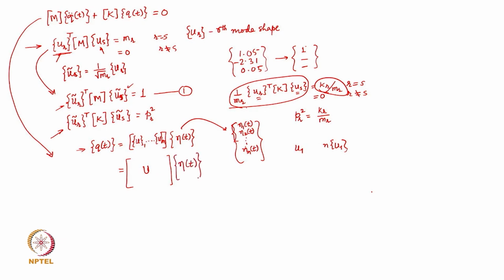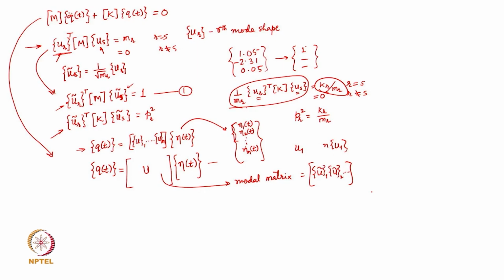Then this equation Q of t is represented by an equation like this, which basically means that this modal matrix contains all the mass normalized modal vectors. So, each one of them is like U tilde 1, U tilde 2 and so on up to all the n vectors.